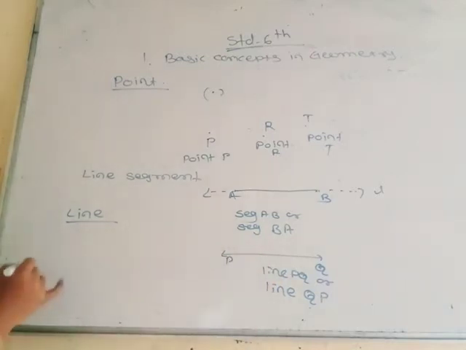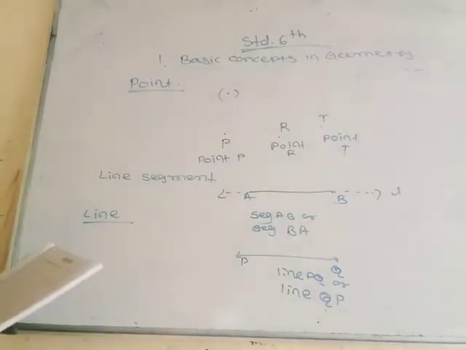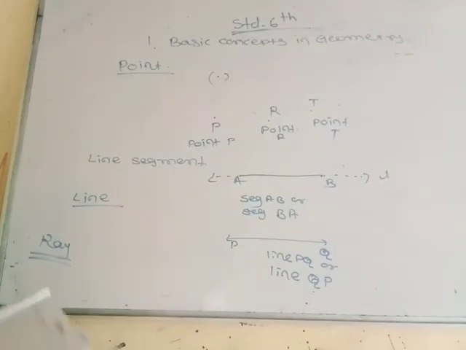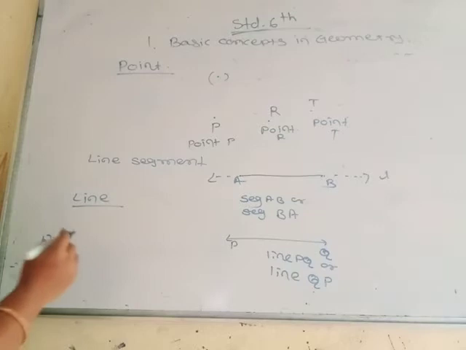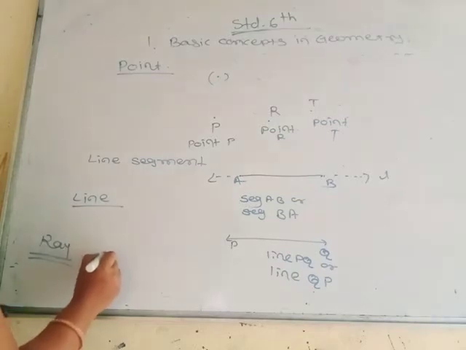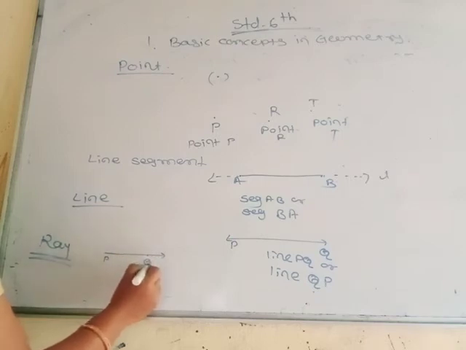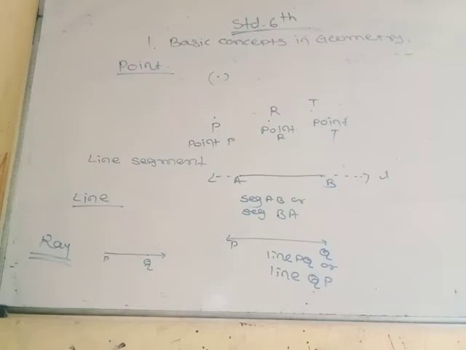Then the next concept, ray. A ray is a part of a line. A ray starts at one point, P, goes through Q, and goes on infinitely in one direction.